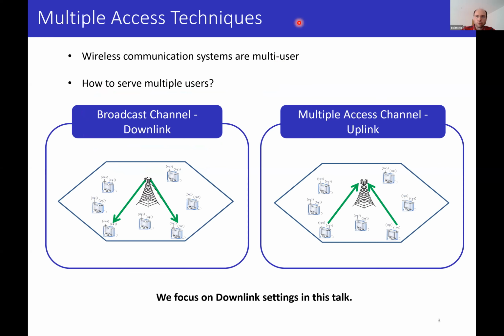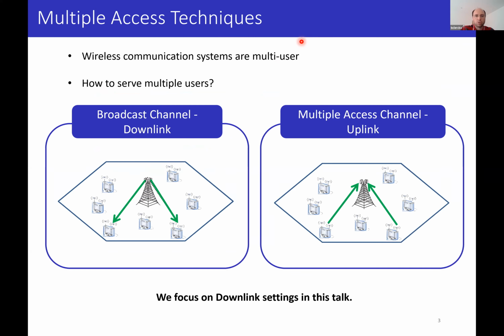Right, so multiple access, why do we use multiple access? It is simply because wireless communication systems are, by default, multi-user systems. And so the question is, how do we serve those multiple users? There are two really key building blocks. We have the downlink scenarios and the uplink.